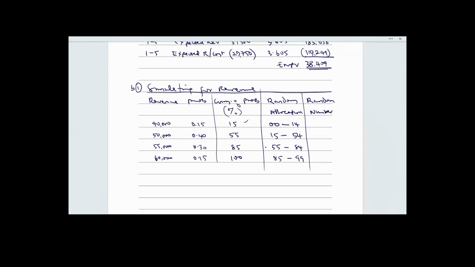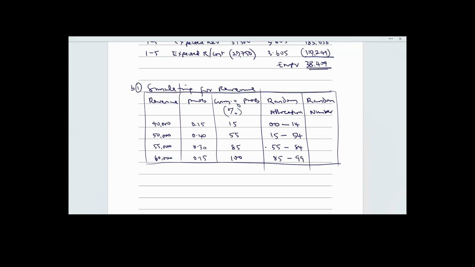Say, for example, the first probability is 20, then it's 0 to 19. Do you get that? Yes, sir. If the first probability is 30, then 0 to 29. That's how you do it for everything.